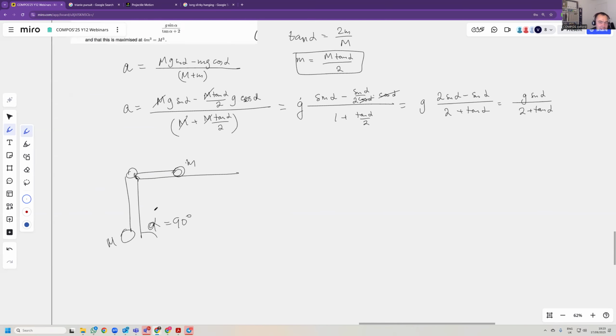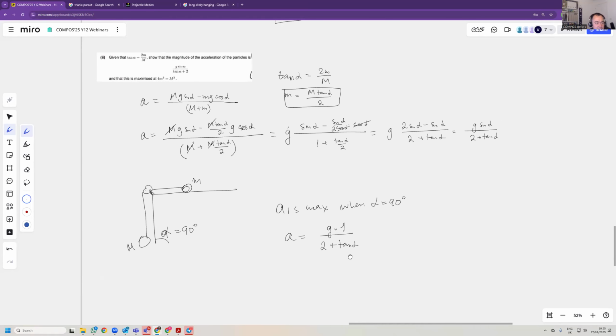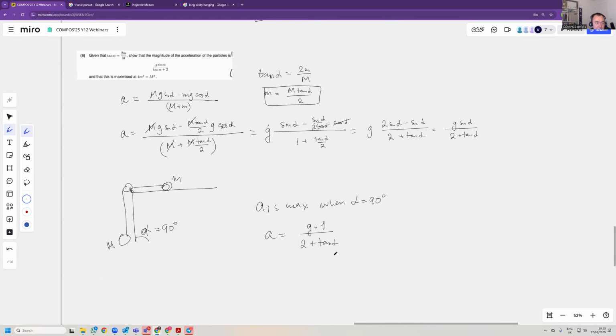So acceleration is max when alpha is 90 degrees. So you would have a is g multiplied by 1 divided by 2 plus tan alpha. Does that make any sense? Well, tan 90 doesn't exist, exactly.